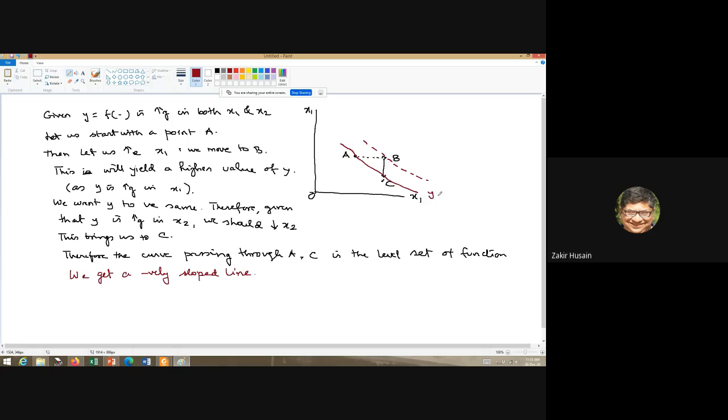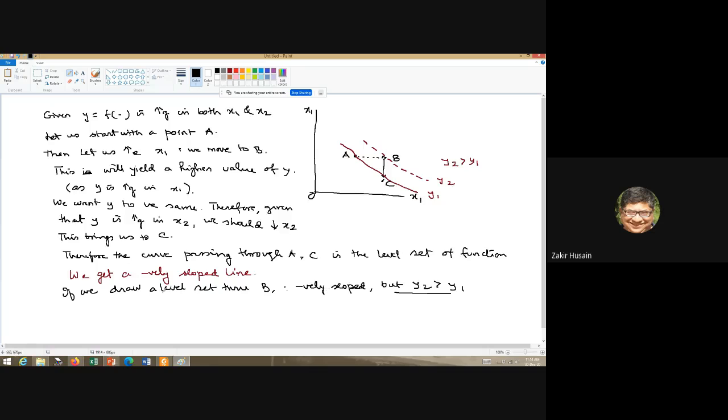Secondly, therefore, the level set passing through B will also be negatively sloped. If this is y1, it will be y2. So if we draw a level set through B, it will also be negatively sloped, but the value of y will be higher.